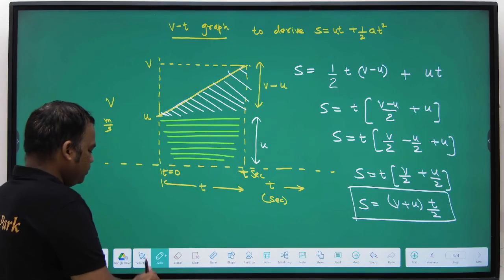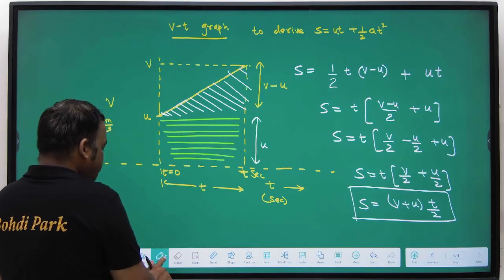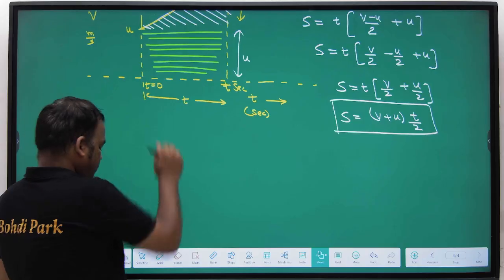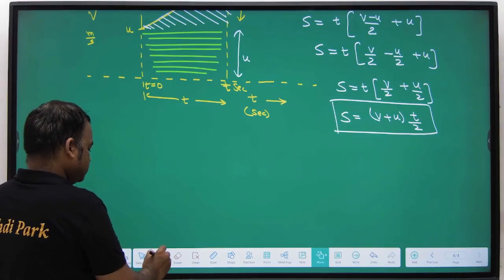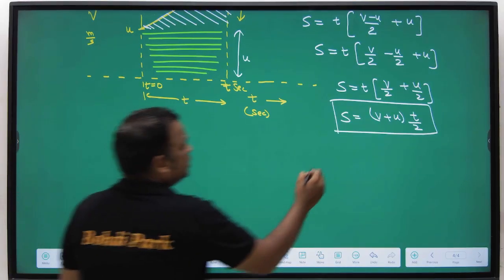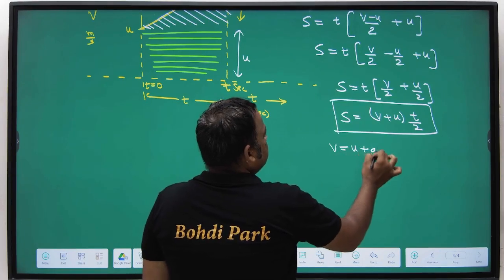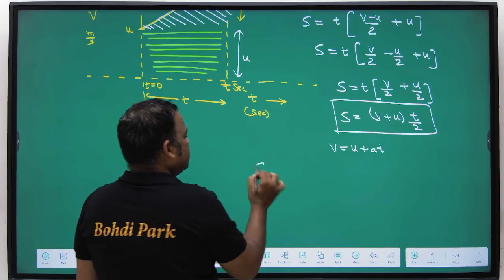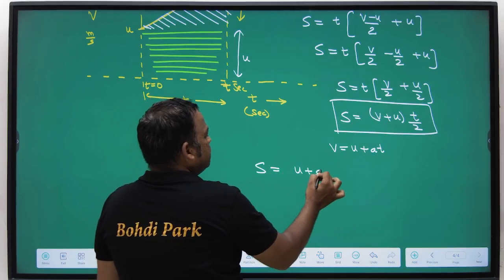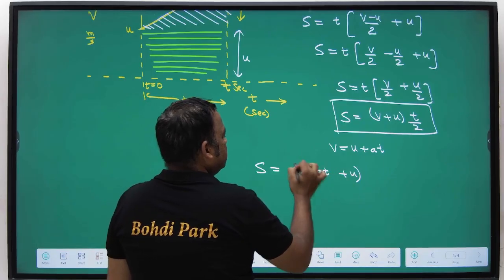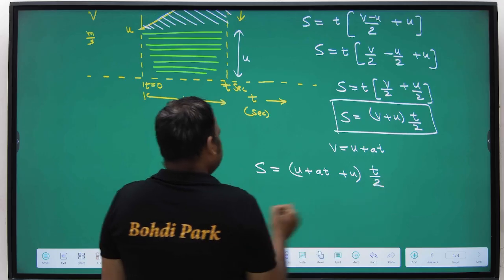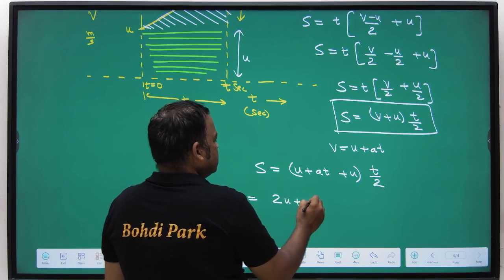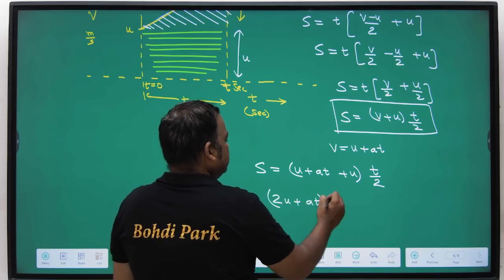And we know that v is equal to u plus at. We will substitute v is equal to u plus at here. So we'll get S is equal to (u plus at plus u) into t by 2. So we have S is equal to (2u plus at) into t by 2.